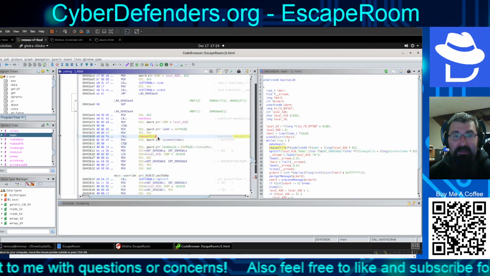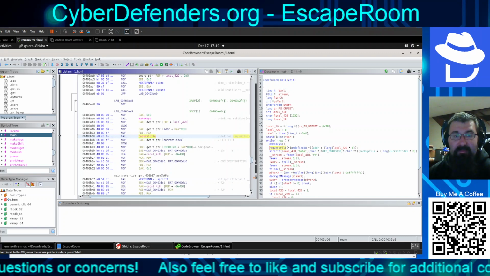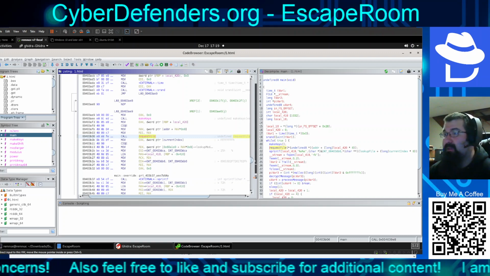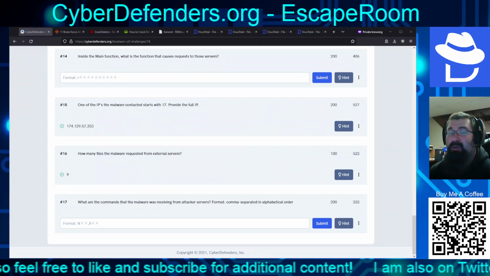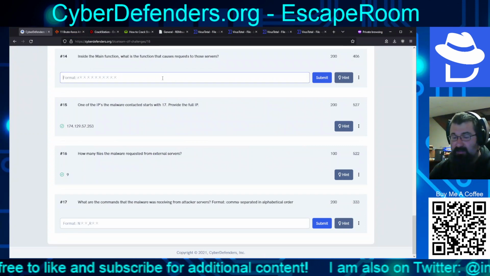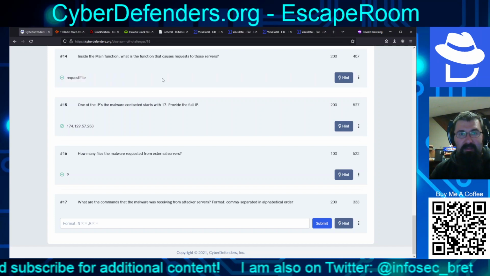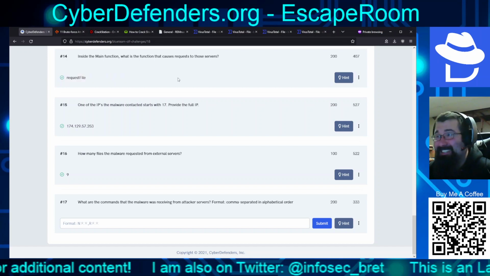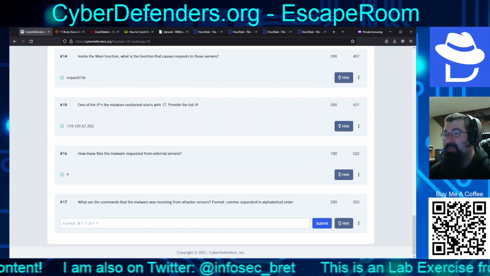But I believe that then we go promptly down. It looks like it's doing request file with a capital F. And by taking a look at what's presented to us as the possible answer, it does start with an S, or with an R. Okay. And then we're looking for commands.